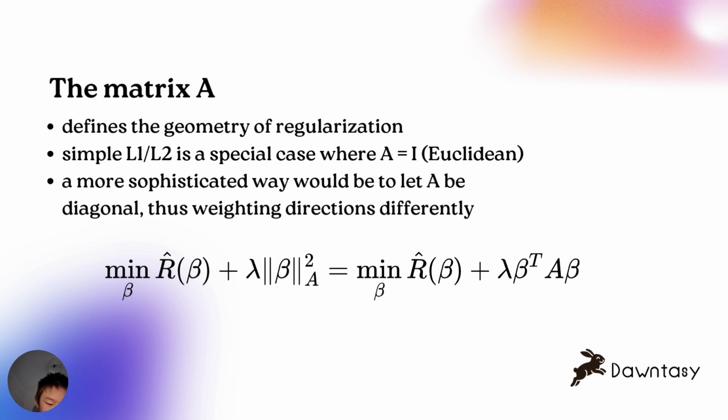As you can see in the formula below, that's the general form of regularization. It's just the squared magnitude, or the complexity defined by the matrix A, in which case we can assume that L1 and L2 is a special case where A is just the identity. So it's just the plain vanilla variant.